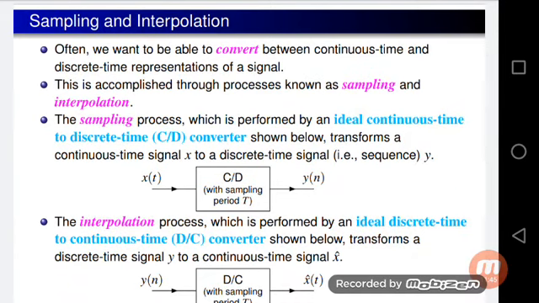In sampling, the C by D converter serves this purpose. That means C by D means the continuous signal is converted into discrete. Discrete means equal interval samples. So the related waves are shown below.